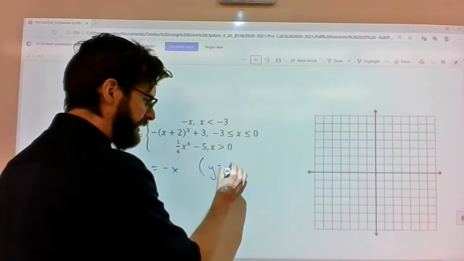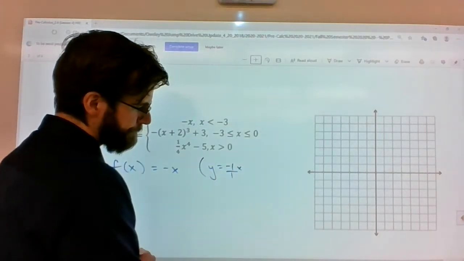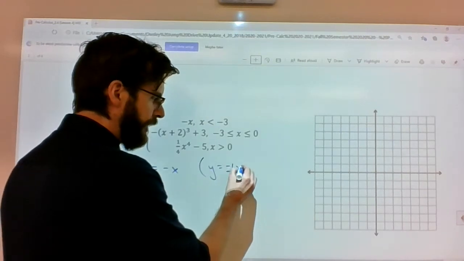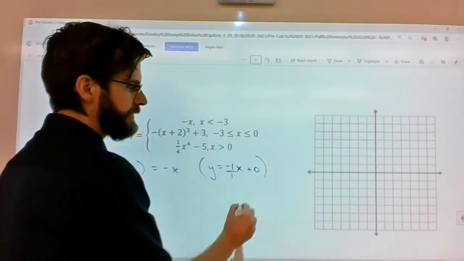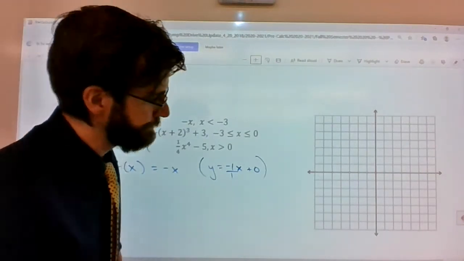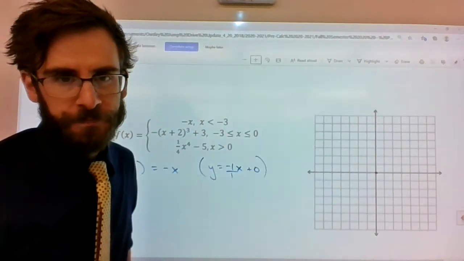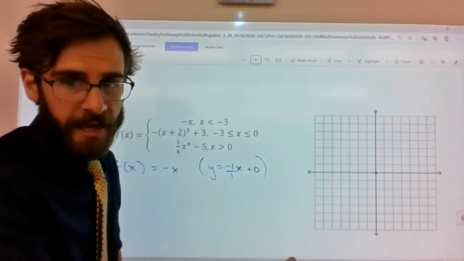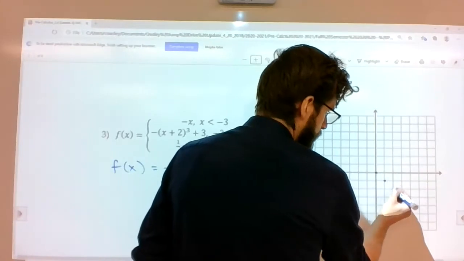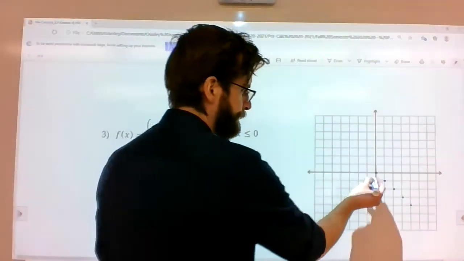Well, it's y equals negative 1x, which is the same as negative 1 over 1x plus 0, which tells us what our starting point should be. That line starts at 0, 0. It goes down 1, right 1, or up 1, left 1.